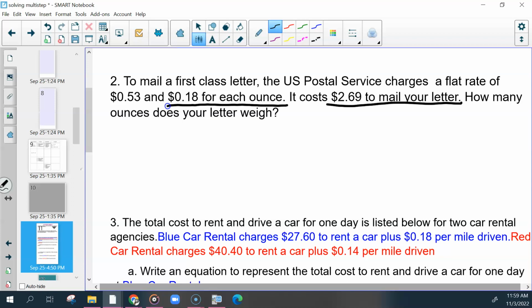Iman? The flat rate of 53 cents. So anytime you see numbers, those are usually important in a word problem. And then the question, what are we looking for? Go ahead, Taylor. How many ounces does the letter weigh?